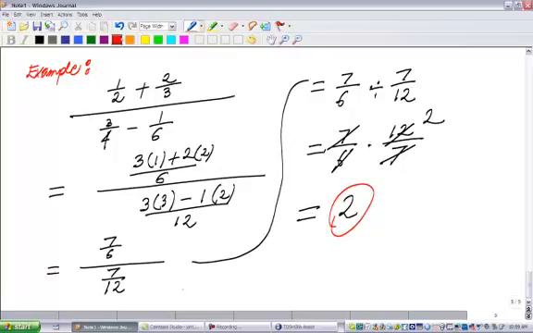Any questions on any of the steps here? Does anyone have any questions on this problem? Any questions, anyone?